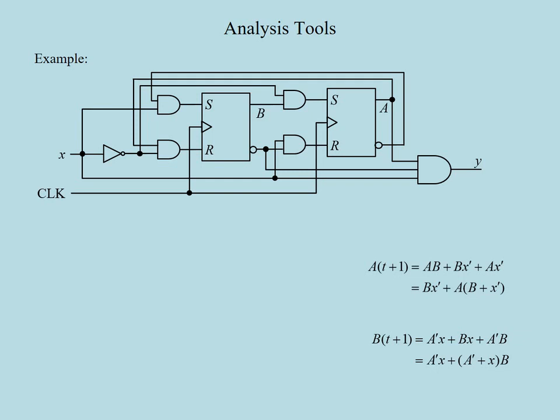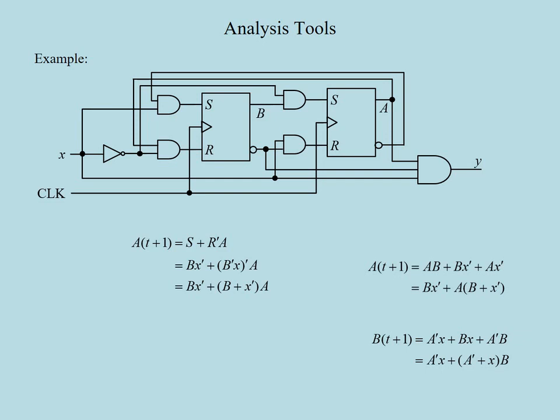Remember, the characteristic equation of SR flip-flop is A of t plus 1 equals S or R prime A. Inspecting the circuit diagram, we see that S input of the A flip-flop is obtained as B x prime and the R input is B prime x.